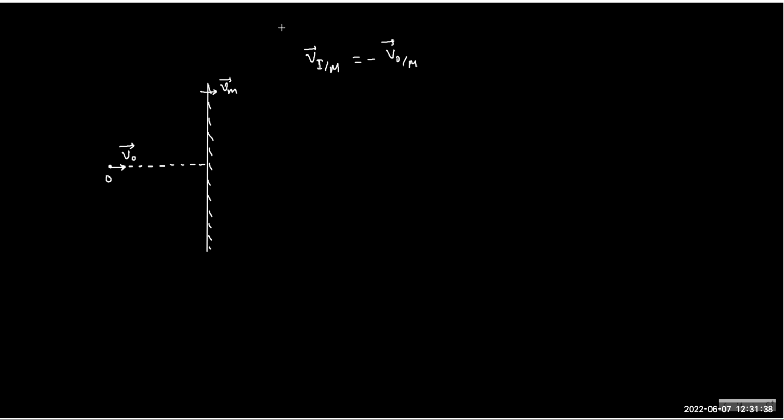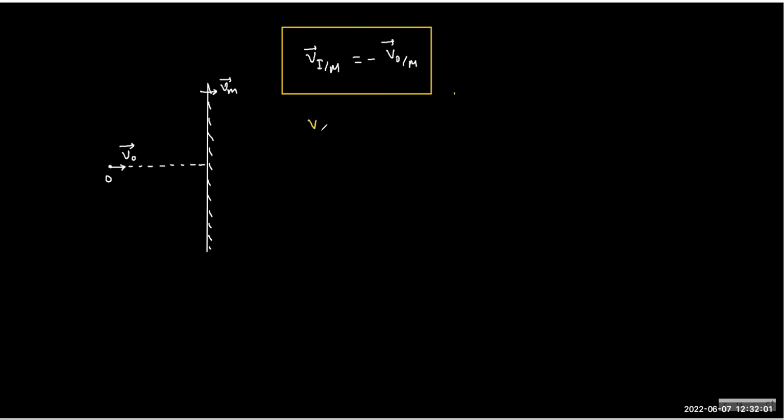So can we do it like this, keeping the mirror fixed and taking the velocity as V naught minus V? Yes, definitely you can do that. But eventually we need the answer in the ground frame. That will give you the answer in the mirror frame. So to go back to the ground frame, you have to add one more time, isn't it? So velocity of image with respect to mirror is simply minus velocity of object with respect to mirror.